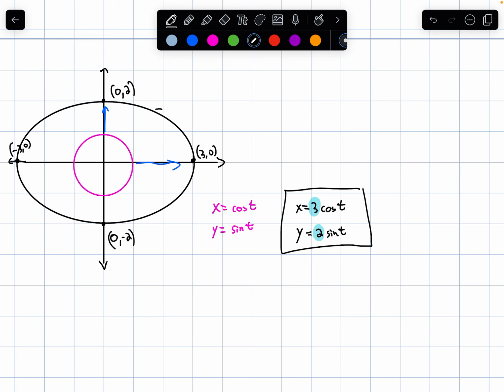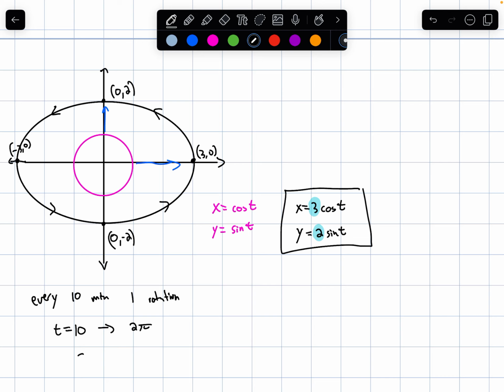Let's say I want to go around this ellipse. Let's say I want to go around the ellipse once every 10 seconds. Okay, every 10 seconds. Or let's do a different unit. Let's say minutes. I do 1 full rotation. Well, that means that when t is 10, I want to be inputting 2 pi.